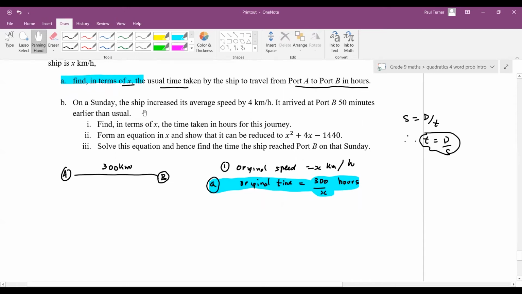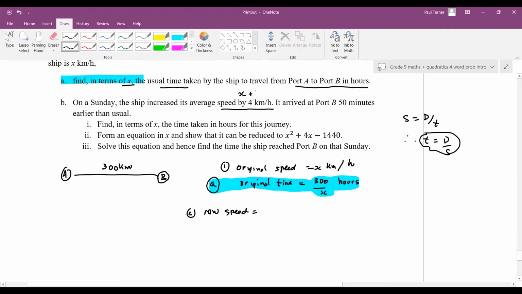On Sunday, the ship increased its average speed by 4 kilometers per hour. So he's made a new trip and then he's arrived at port B 50 minutes earlier than usual, than what he originally did. So for the new speed, his new speed was increased by 4 kilometers an hour.